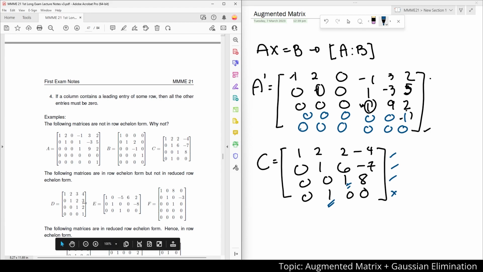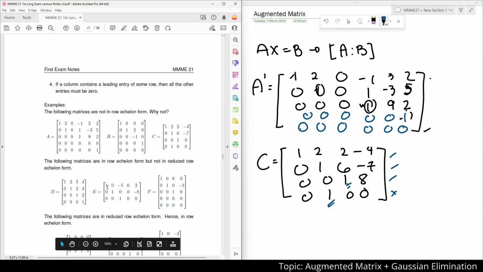For this to be in reduced row echelon form, dapat daw, lahat ng other elements in that column in which this leading row is in should be 0. So dito, 1 is a leading entry. In its column, we have 2, 0, 0. Dahil meron kang 2 dito, yung column niya, hindi lahat 0 except for this leading entry. So this is not in reduced row echelon form.